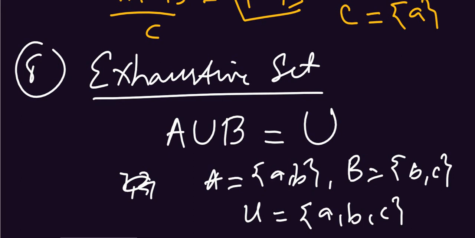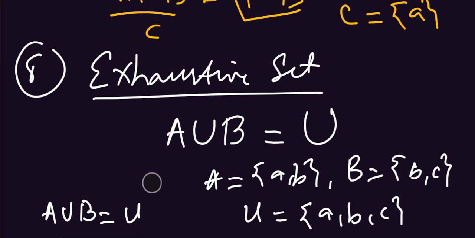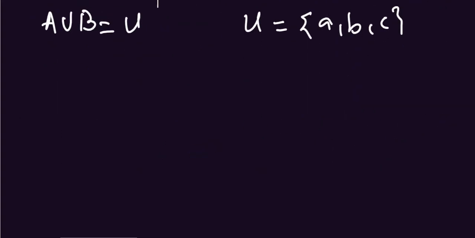So when we operate union on A and B, it is clear that it will give us the universal set. If it gives the universal set, then A and B are called exhaustive sets. Understood? I hope you understood.